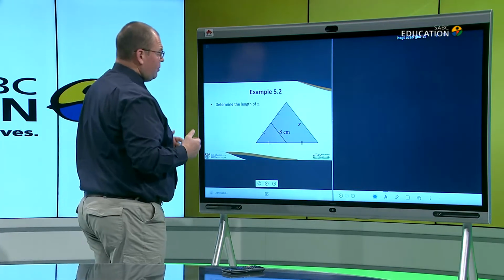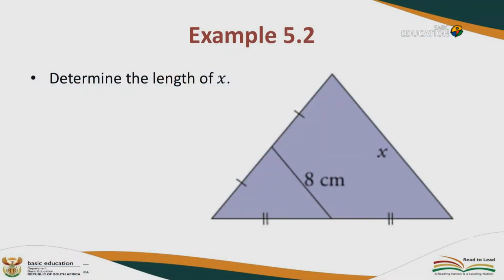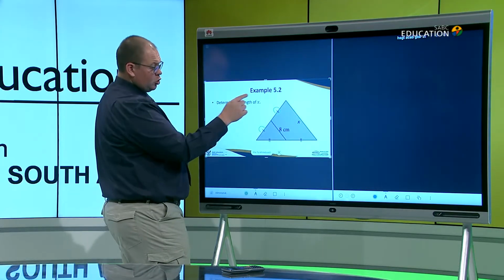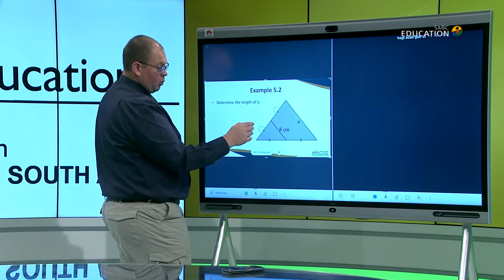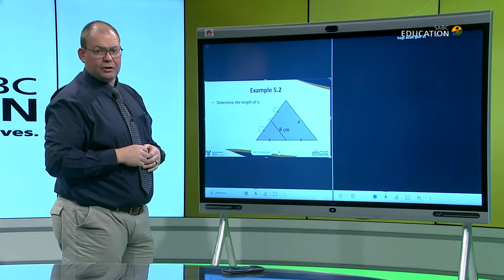So determine the length of x, so we see where x is given, and now we must look what else is given. All right. So please realize that when they give you a marking on that side and that side that are the same, meaning those two parts are of equal length, meaning this is the midpoint of that side of the triangle.